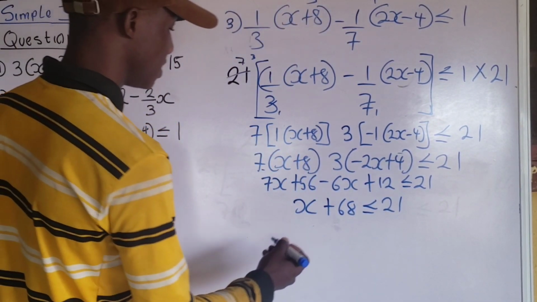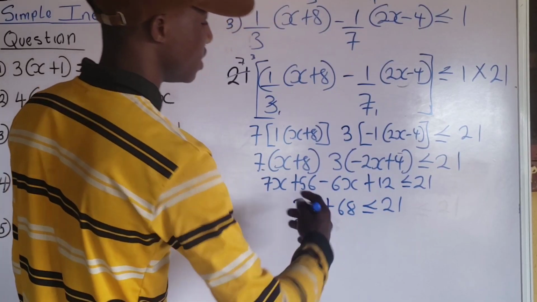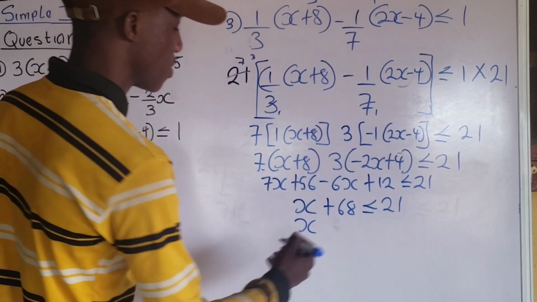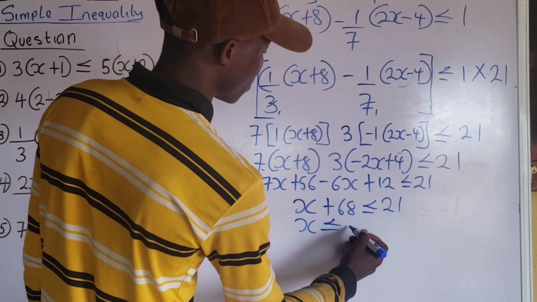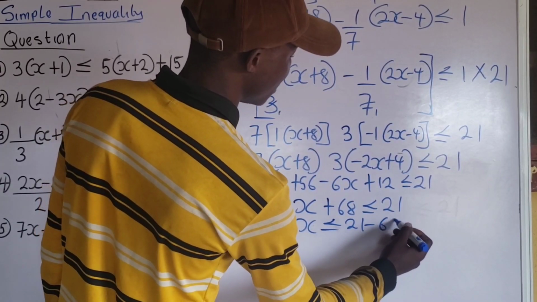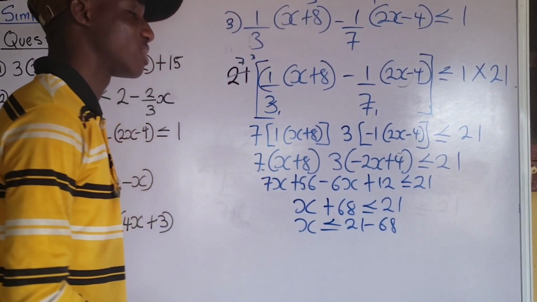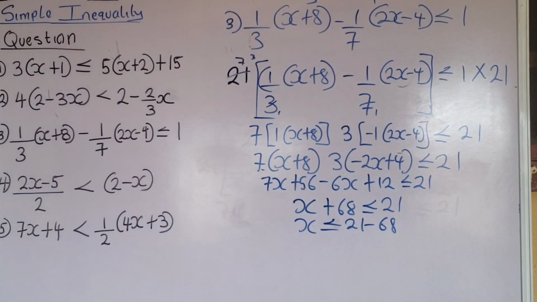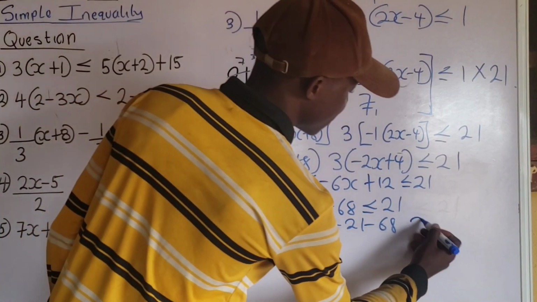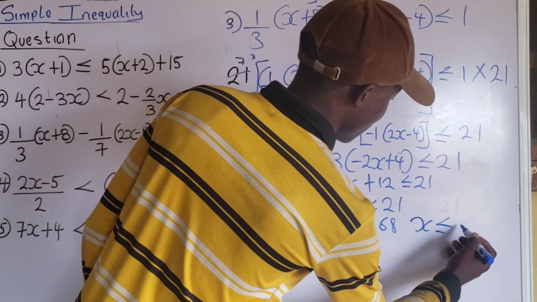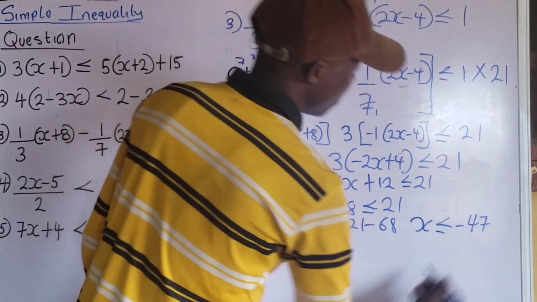Now, the next step is to take 68 to the right hand side of the equation. So x is less than or equal to 21 minus 68. That will give us a negative number, negative 47. So x is less than or equal to negative 47.